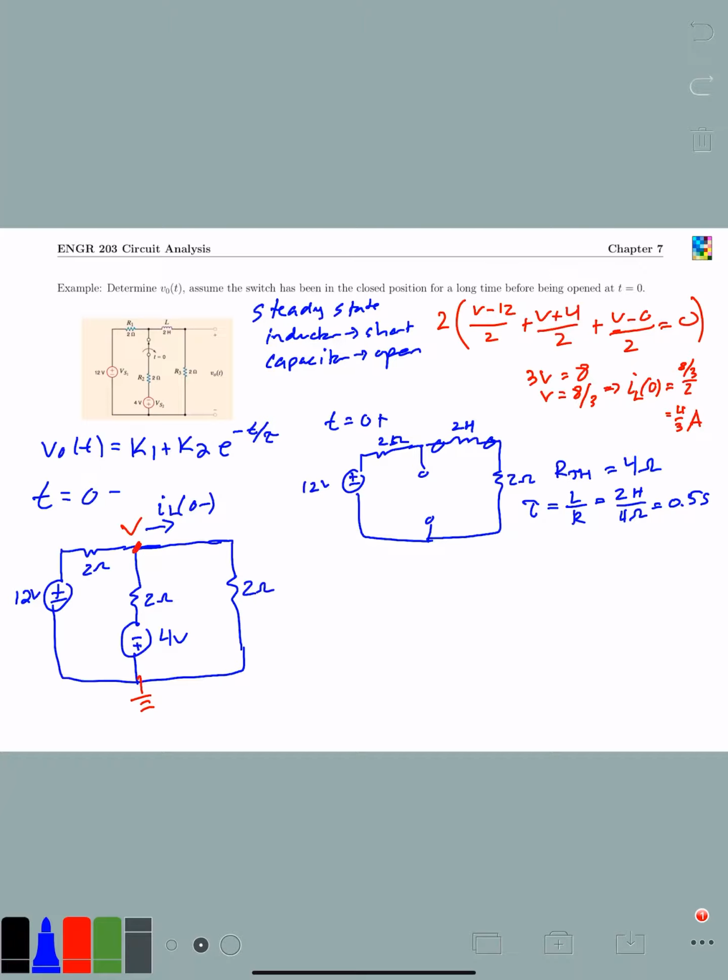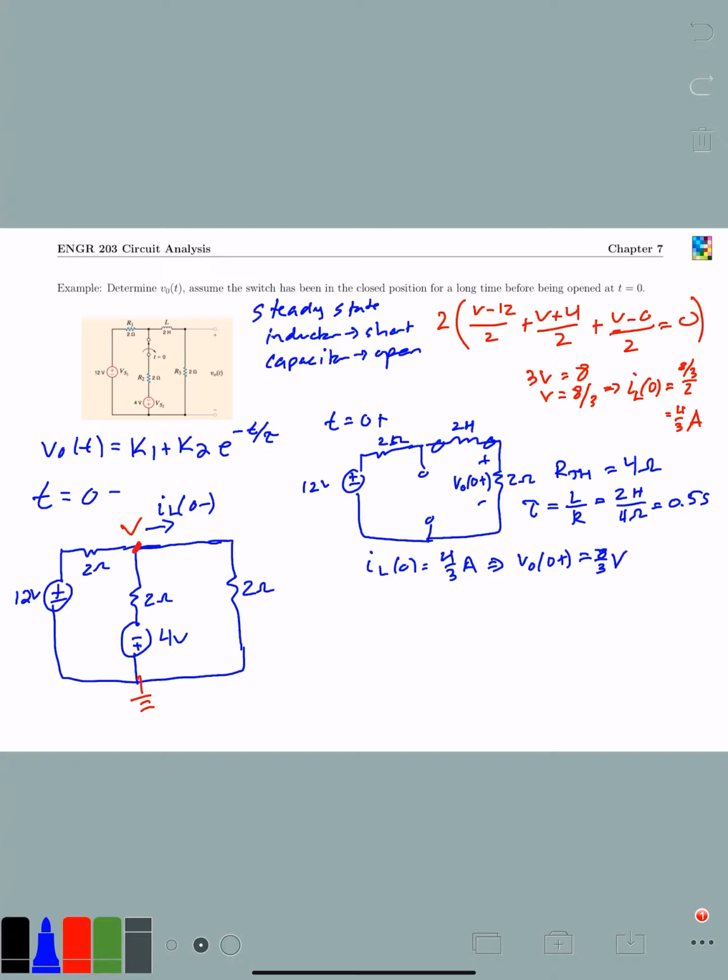And then we can go ahead and find the initial value here. So we want to find V0 of 0 plus. Well, we know that IL of 0 is 4/3 amps, which then means V0 of 0 plus is 8/3 volts.